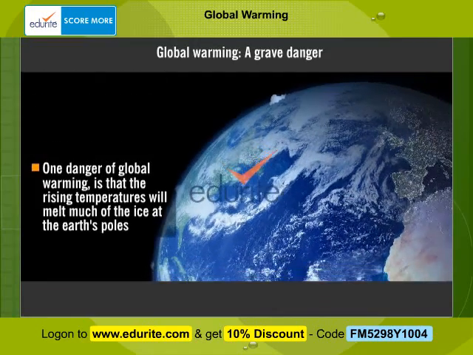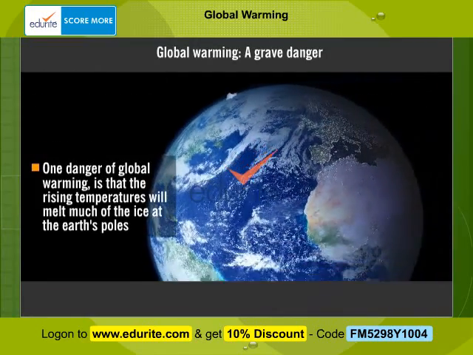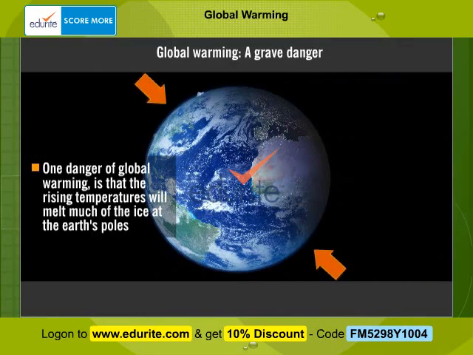Global warming, a grave danger. One danger of global warming is that the rising temperatures will melt much of the ice at the Earth's poles.